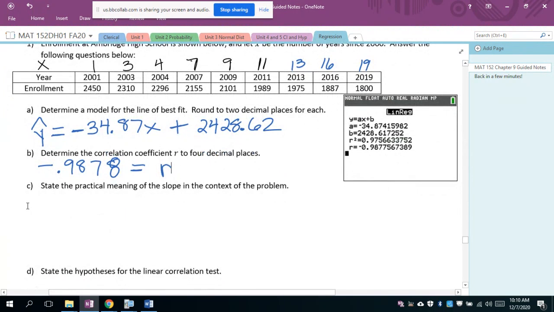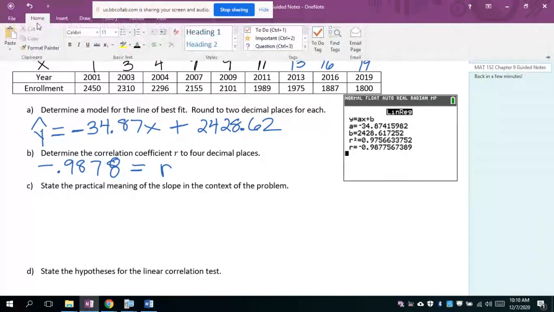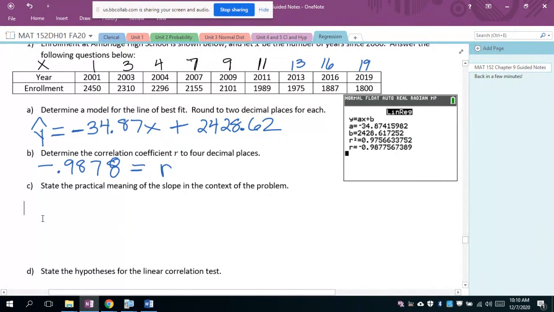Now, the practical meaning of the slope, that's actually very easy to do here. Basically, the slope is negative 34.87.